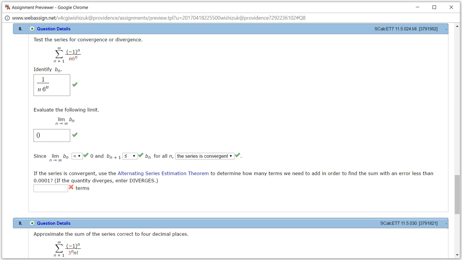Next one. If the series is convergent, use the alternating series estimation theorem to determine how many terms we need to add in order to find the sum with error less than 0.0001.